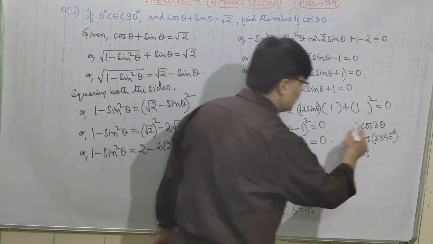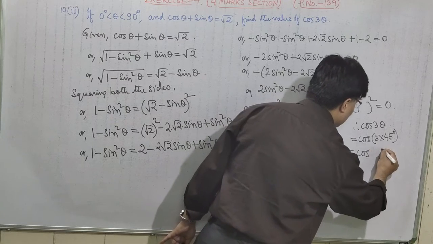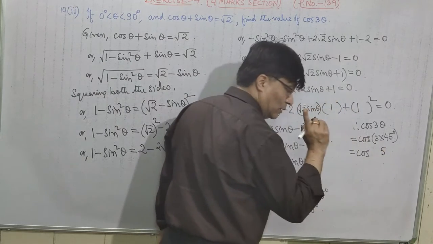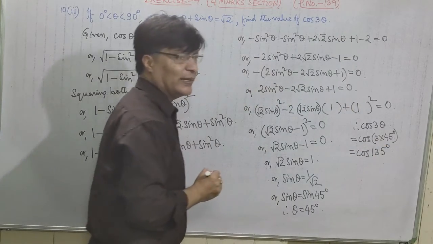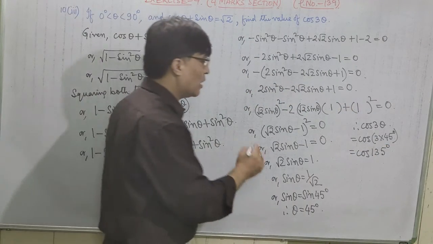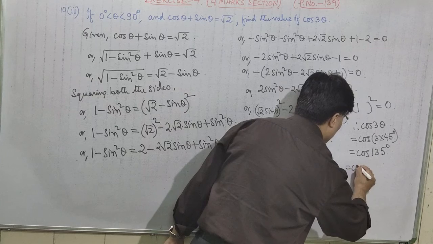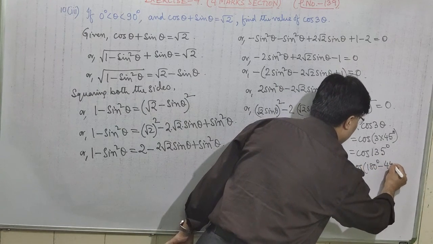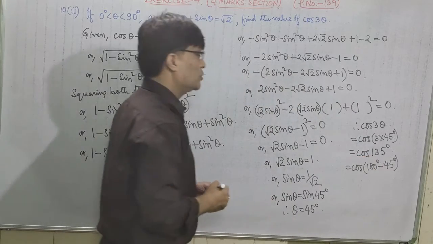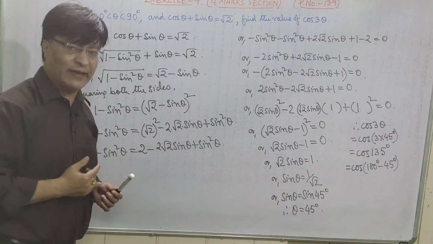Let us multiply it: 3 5s are 15, 3 4s are 12 plus 1 is 13, so cos 135 degree. How will you write it? 135 degree can be written as 180 degree minus 45 degree.